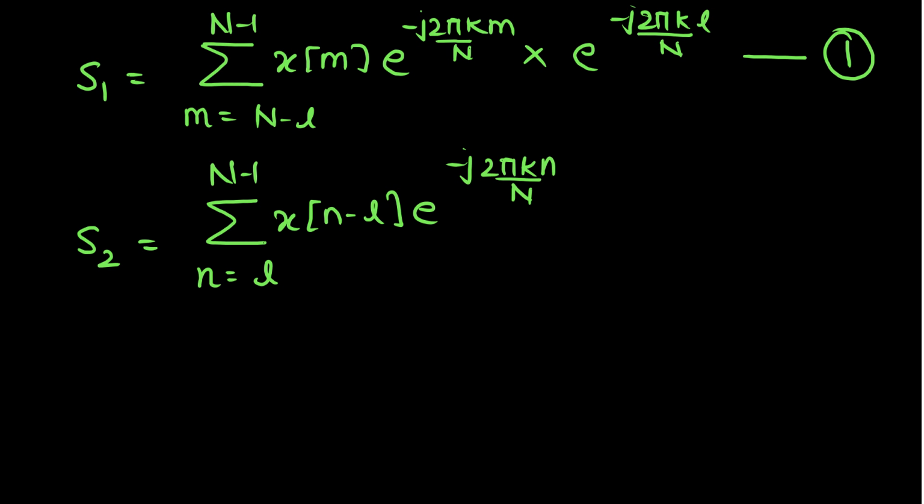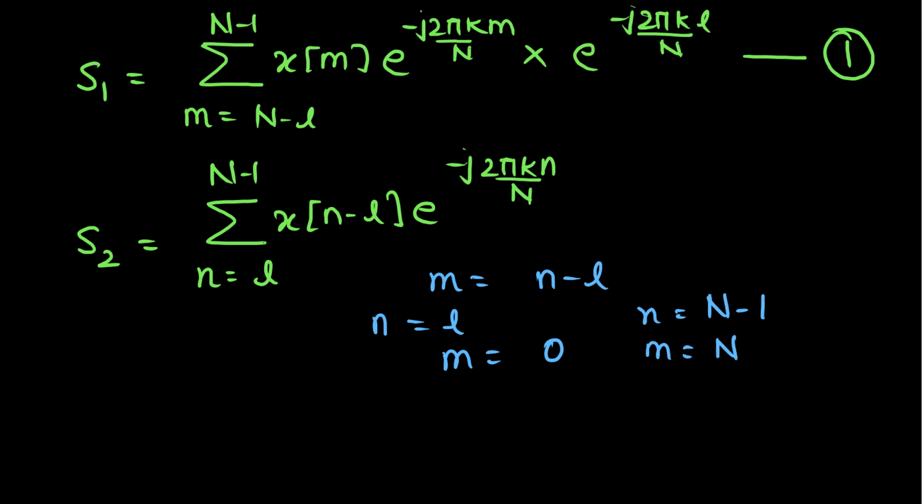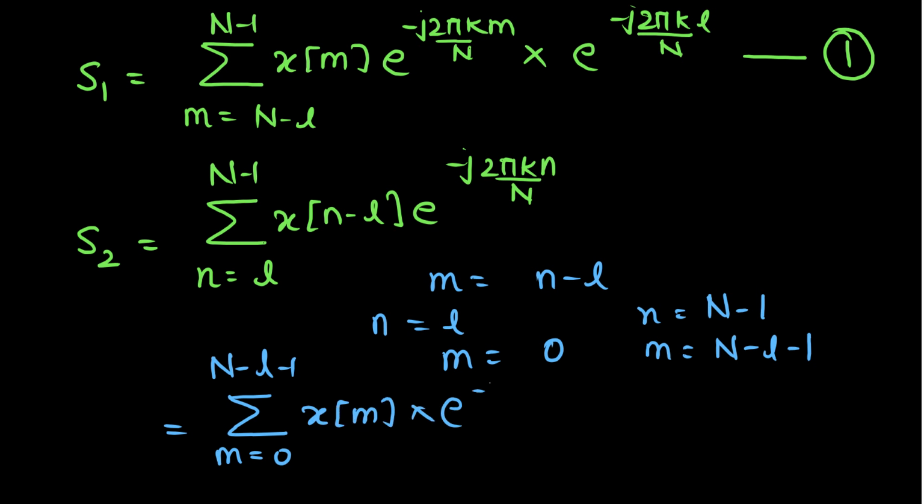Now we are going to substitute this m as n minus L. Now when we do this, then the limits when n is equal to L, this m becomes 0, and when this n is equal to n minus 1, at that time the value of m becomes n minus L minus 1, and therefore this summation S2 now results into m running from 0 to n minus L minus 1 x of m multiplied by e to the power minus j 2 pi k by n.